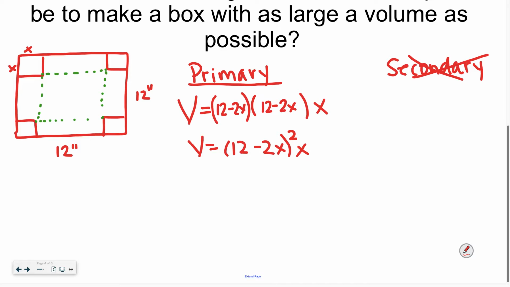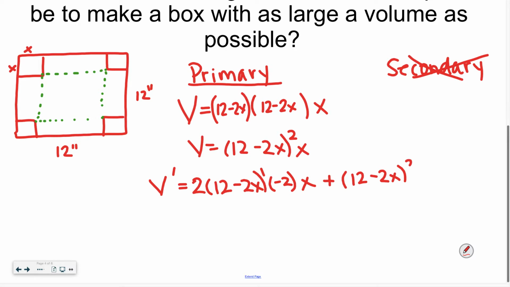So our product rule, so volume derivative would be 2 times 12 minus 2x to the first power times negative 2 times x, plus 12 minus 2x, this quantity squared, times 1.